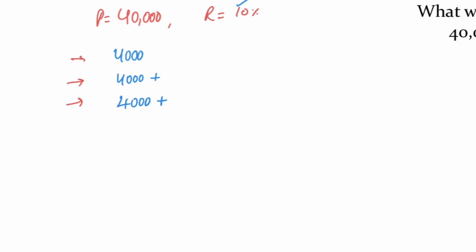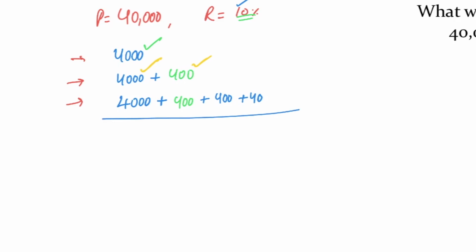Now on first year interest, on 4,000 calculate 10% interest, that is 400 for the next years. On this 400 rupees, on this 4,000 rupees second year interest, calculate 10%, you will get 400, and on this 400 rupees again calculate 10%, that is again 40 rupees.